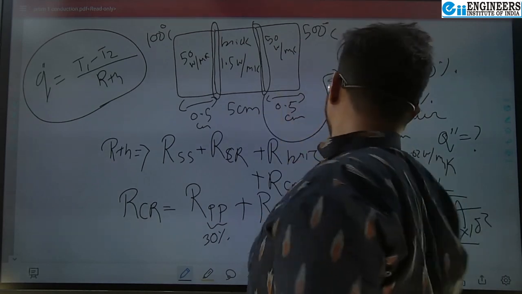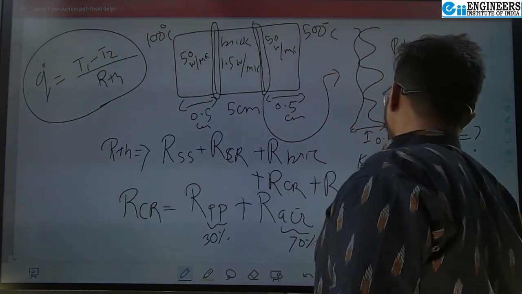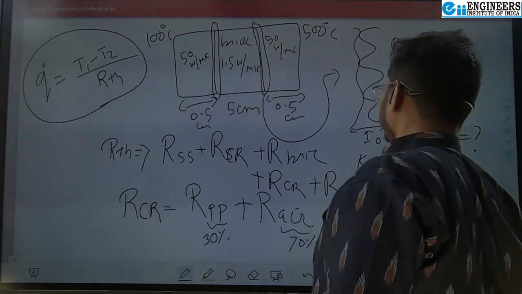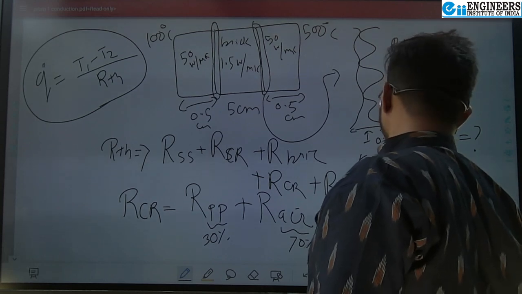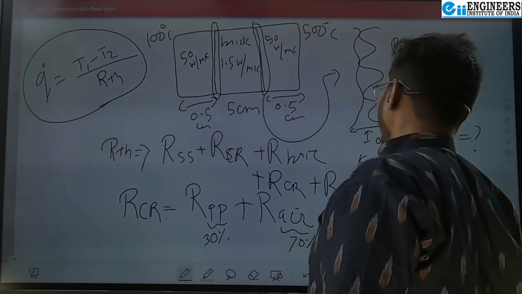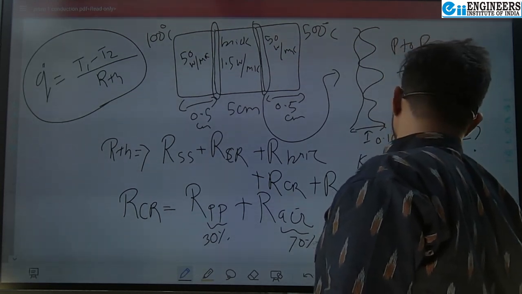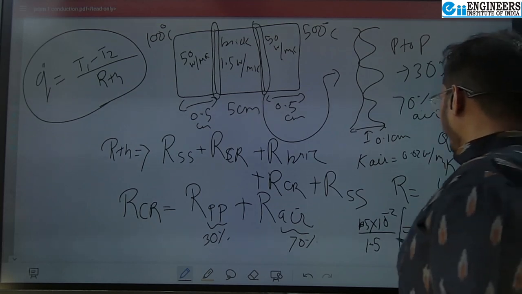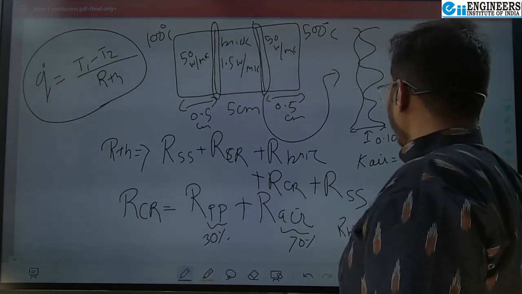Similarly for the brick it will be 5 into 10 to the power minus 2 by 1.5, isn't it? This will be for R_brick.